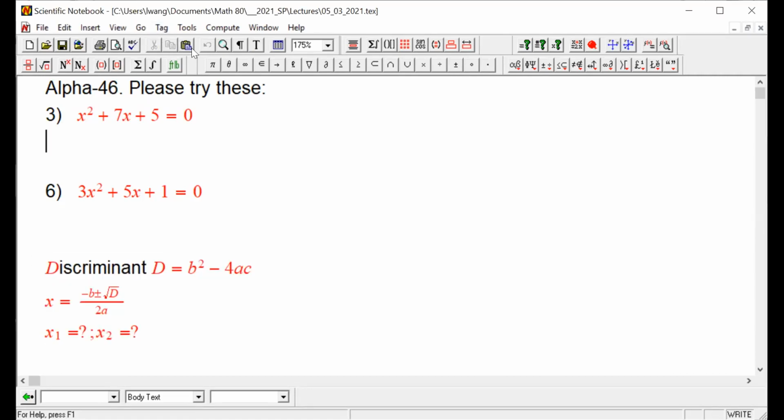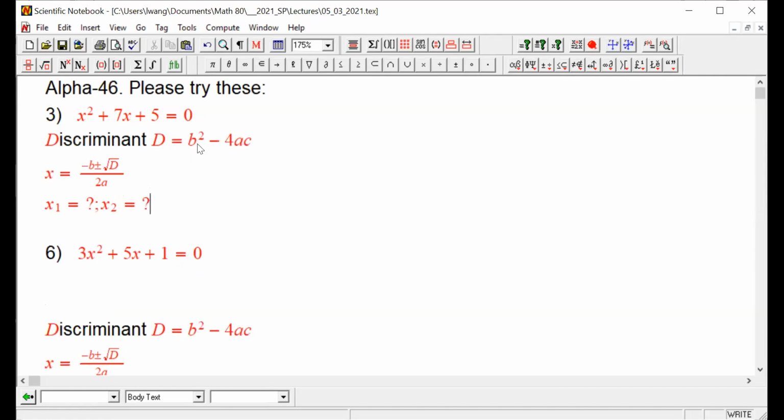But anyway, without further ado, let's compare our answers. The discriminant here is 7 squared minus 4 times A times C. A is 1, C is 5. So we have 49 subtracting 20 equals 29. Did you get 29?